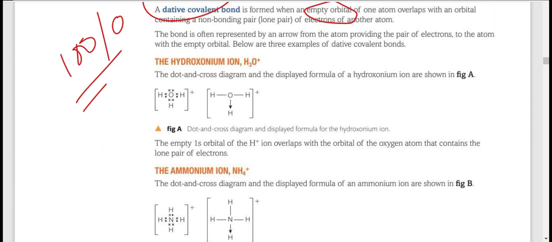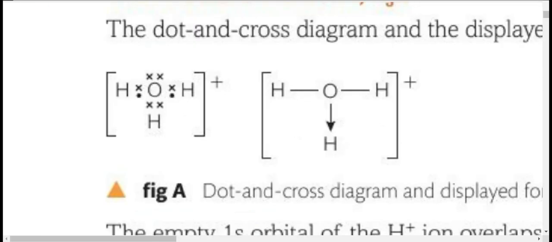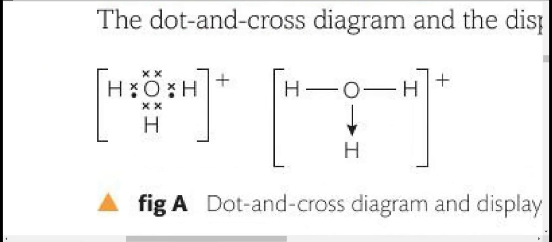Now, in case of the hydroxonium ion, look at this. If I zoom in a little bit here, this is a dative covalent bond actually, and we are showing this dative covalent bond with an arrow. The plus charge is because one extra proton has been added.